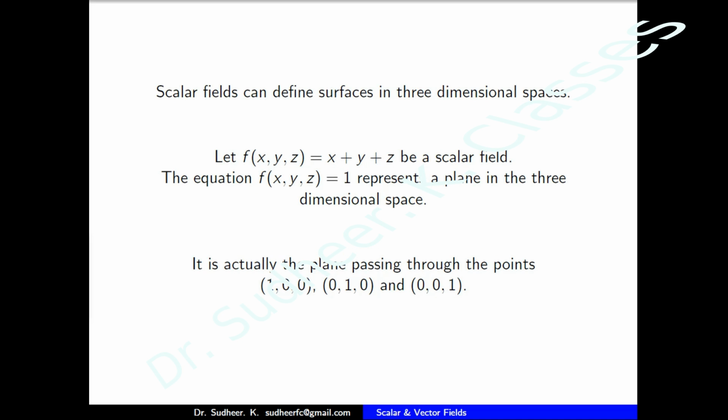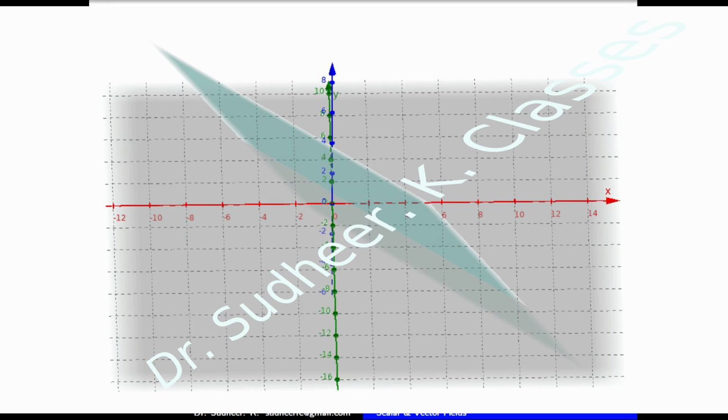Scalar fields can define surfaces in three-dimensional spaces. As an example, consider f(x, y, z) = x + y + z to be a scalar field. The equation f(x, y, z) = 1 represents a plane in the three-dimensional space.